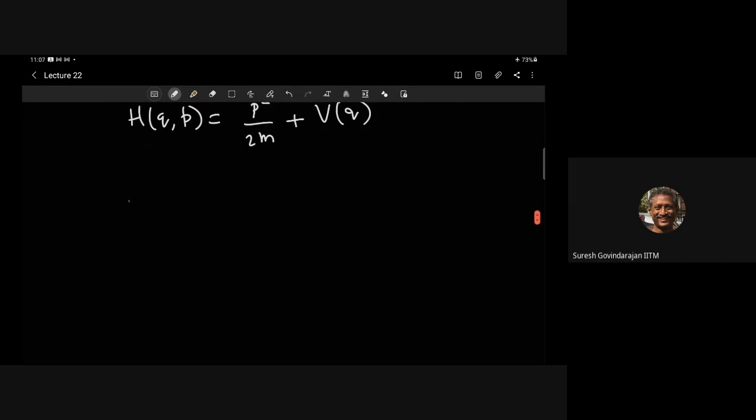What we will do is construct a new function. So E is not the suitable variable which we should use. Consider a new function defined as follows.